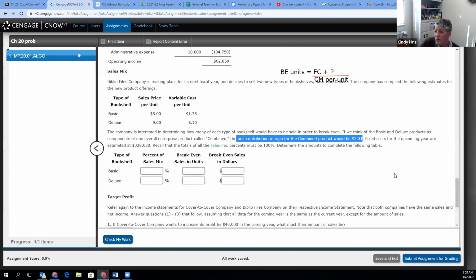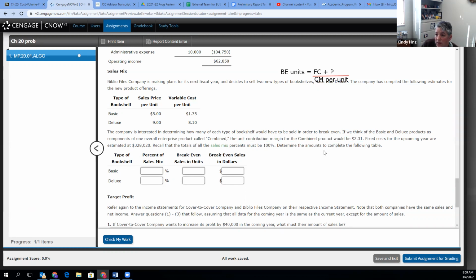It tells us what it is right there. So you're going to use that $2.31 in this formula in the denominator. And you'll calculate the total number of units that you would need to sell.